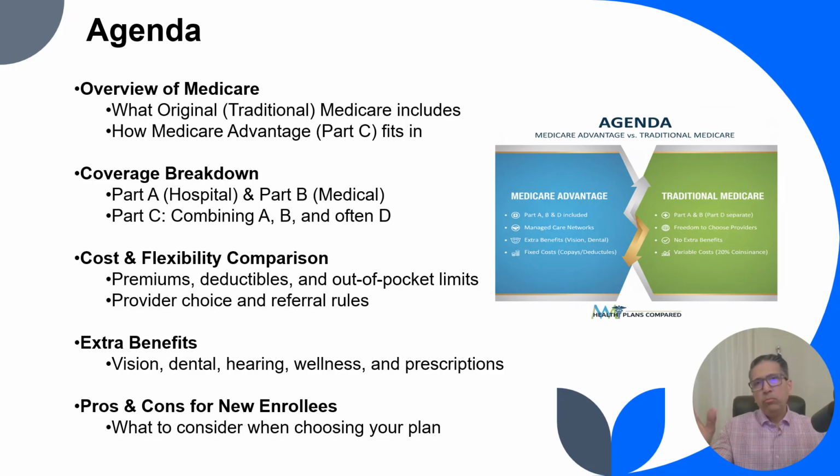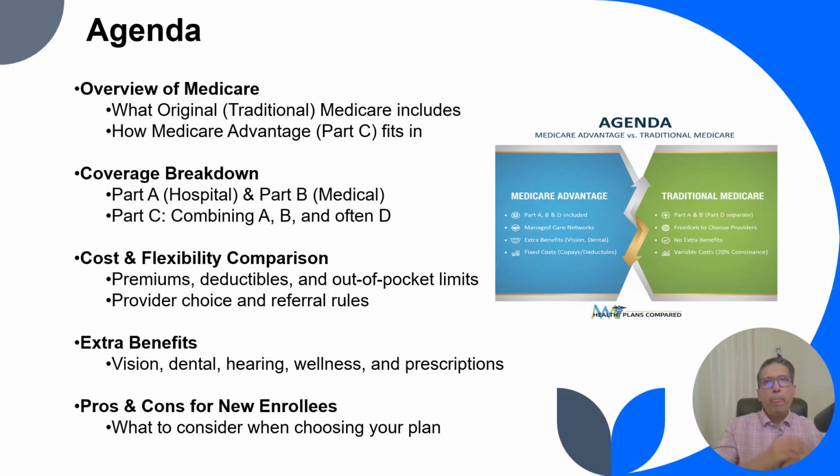So let's say Sarah pays $170 for Part B and a separate cost for prescriptions. With Medicare Advantage, she pays $40 a month and won't spend more than $7,500 a year, even with multiple hospital visits.